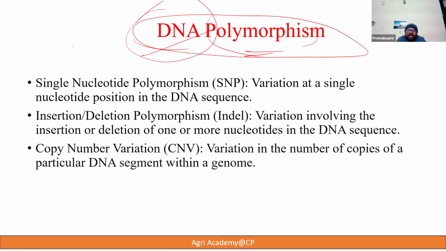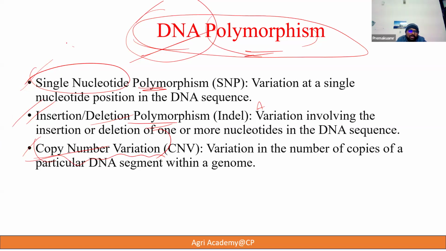Polymorphism at the DNA level can be of several types: polymorphism at the single nucleotide level, polymorphism based on insertion or deletion of a particular base or sequence, or a variation in the copy number. We will discuss in detail what copy number, insertion and deletion, and SNP are.